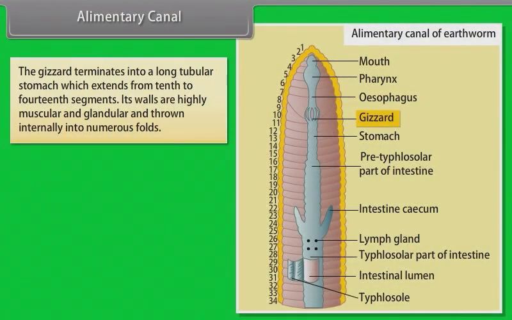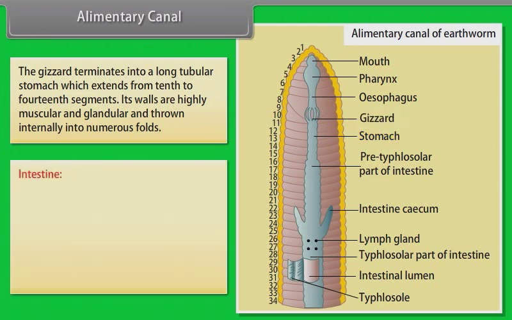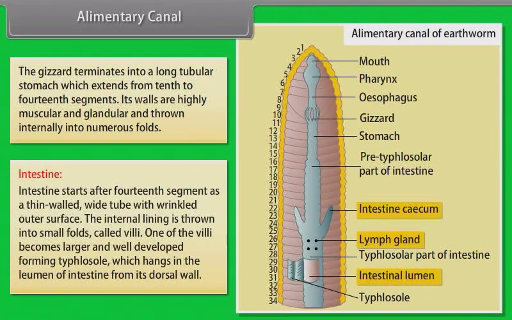The gizzard terminates into a long tubular stomach which extends from 10th to 14th segments. Its walls are highly muscular and glandular and thrown internally into numerous folds. Intestine. Intestine starts after 14th segment as a thin-walled white tube with wrinkled outer surface.